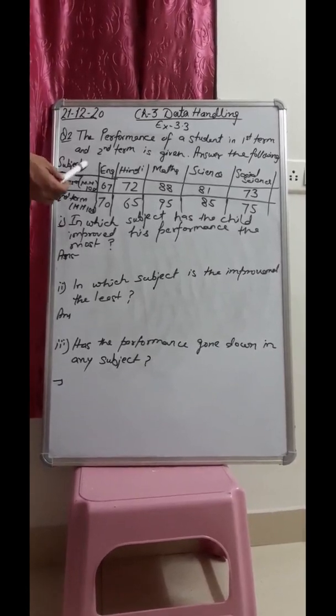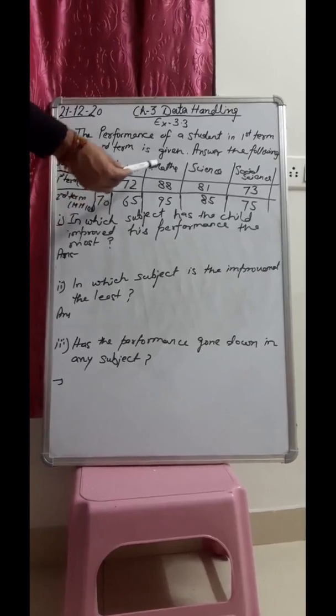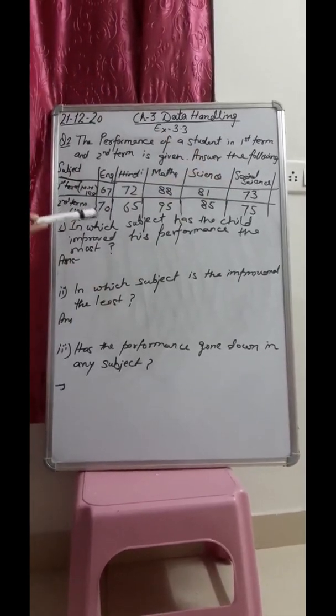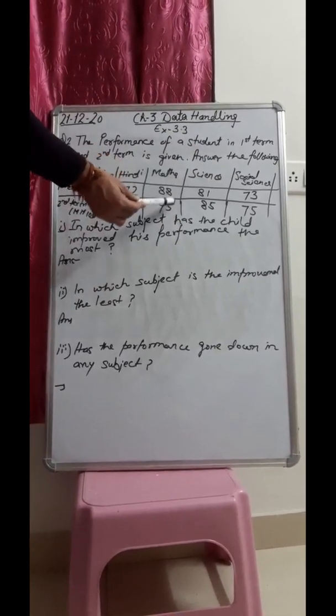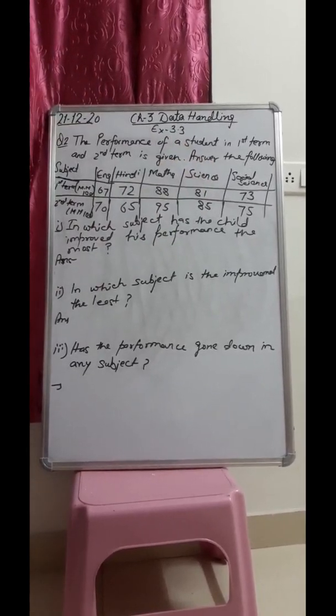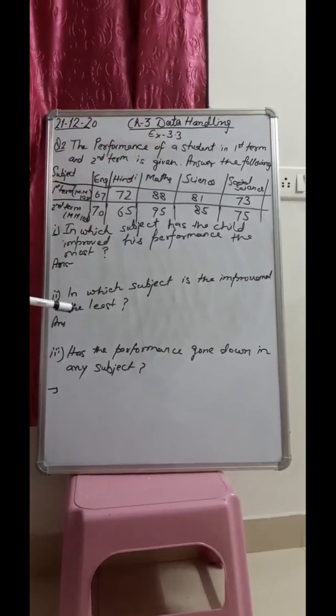So here in first term the English is 67, Hindi is 72, Maths is 88, Science is 81, Social Science is 73. And in second term English is 70, Hindi is 65, Maths is 95, Science is 85, Social Science is 75. Now with the help of this table we have to answer the following questions.